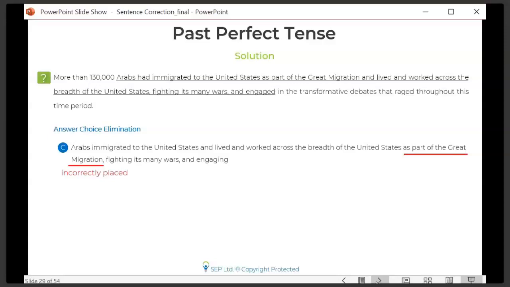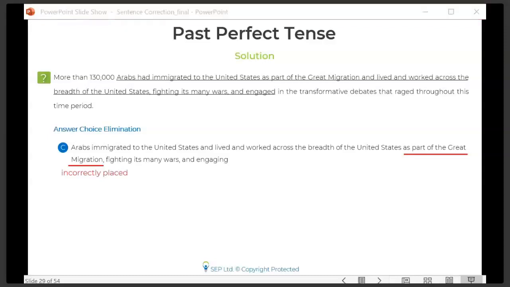So those of you who marked this as a correct answer, everything else is fine. The verbs are in place. The fighting and engaging is in place. But what was a part of the Great Migration is not per the intended meaning.